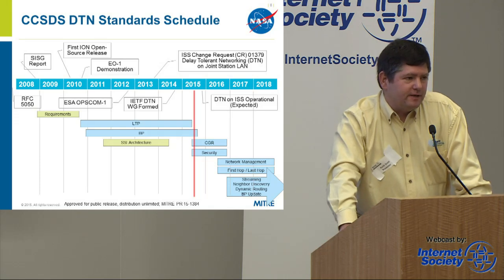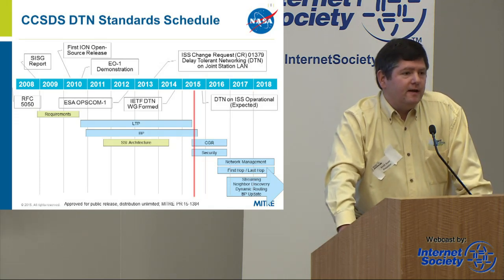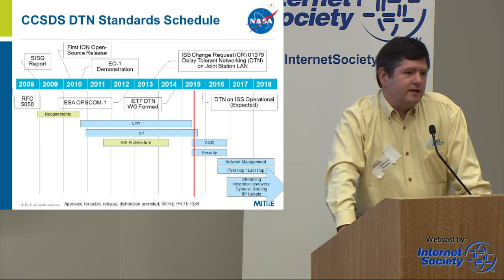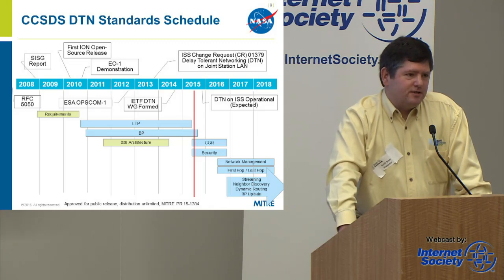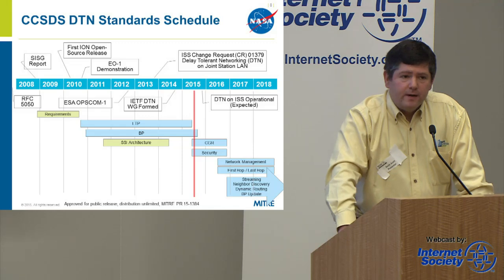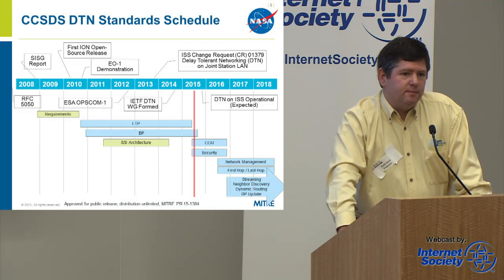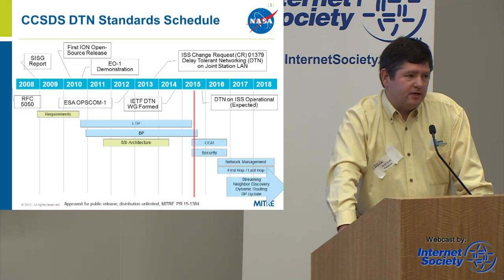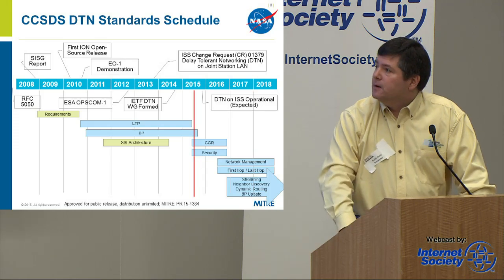Again, that wasn't particularly well received. And it turns out that the way the Internet Trust copyrights RFCs, it's somewhat difficult to just take that text and import it into your own document anyway. What we ended up doing was writing essentially a profile of LTP and BP that maintains compatibility with the base specifications, but adds these extra features.